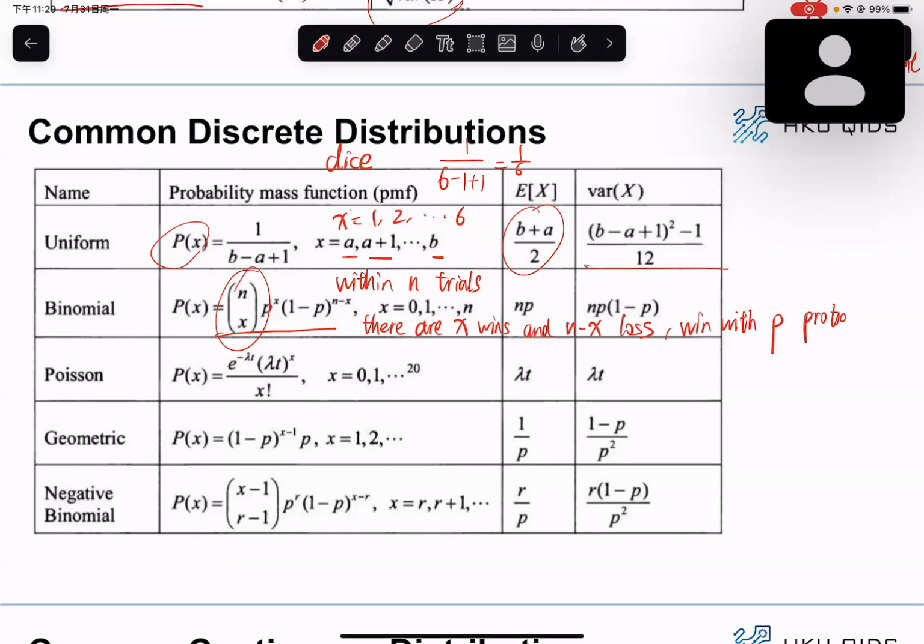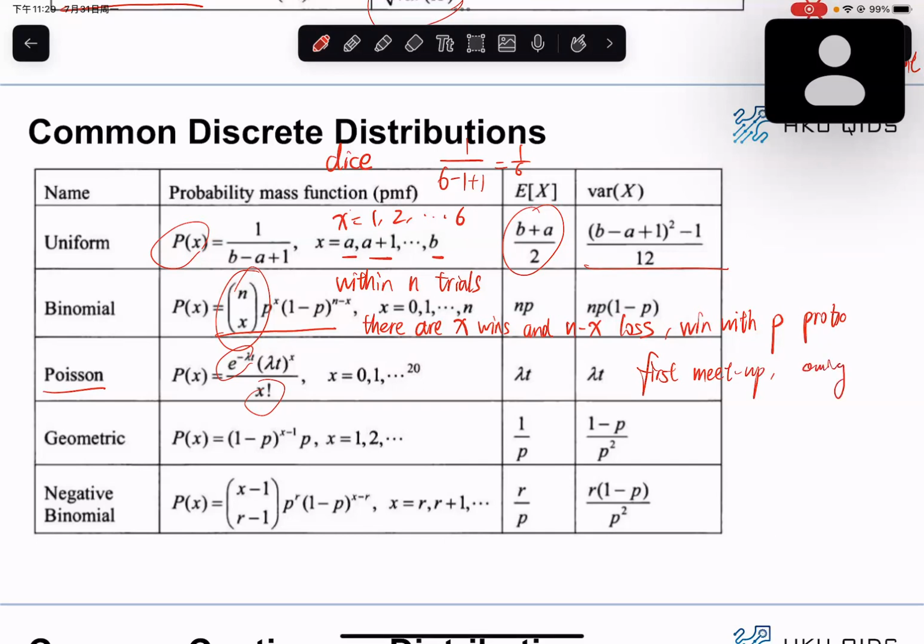And how about Poisson? When I first saw this distribution, I was quite confused because it looks so weird. It has the exponential part, it has the factorial. But basically, Poisson is quite important. Poisson is related with the first meetup, all the natural coming problems.